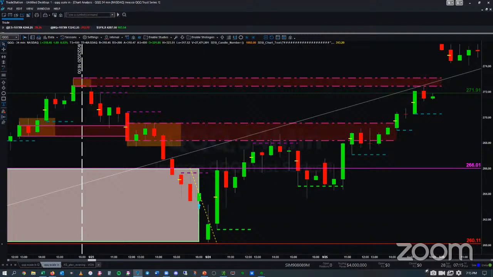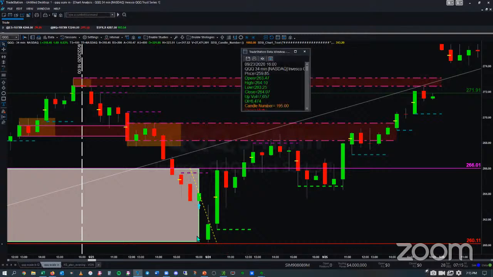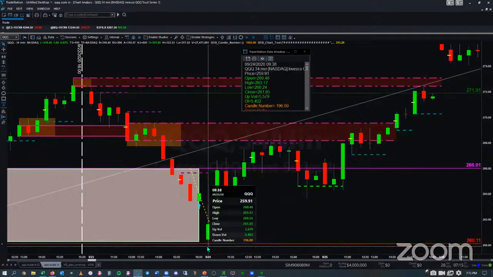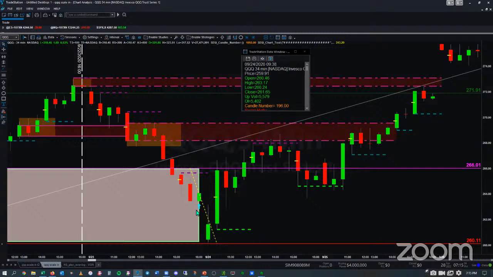Let me move my data window back over here so you can see this real quick. So this candle right here was the close at 1600. And this was the open the next morning. So when this candle closed, if you set a market order here, you would have put your stop here.